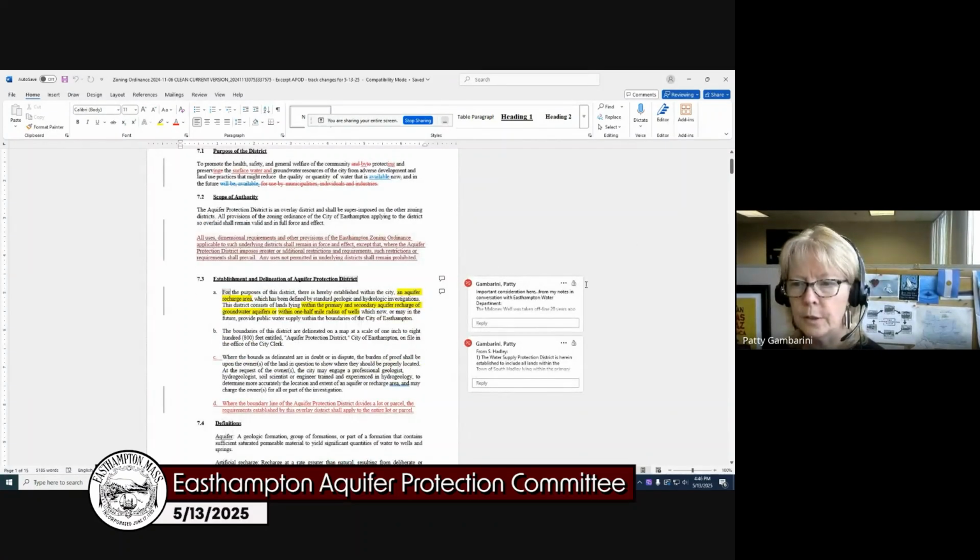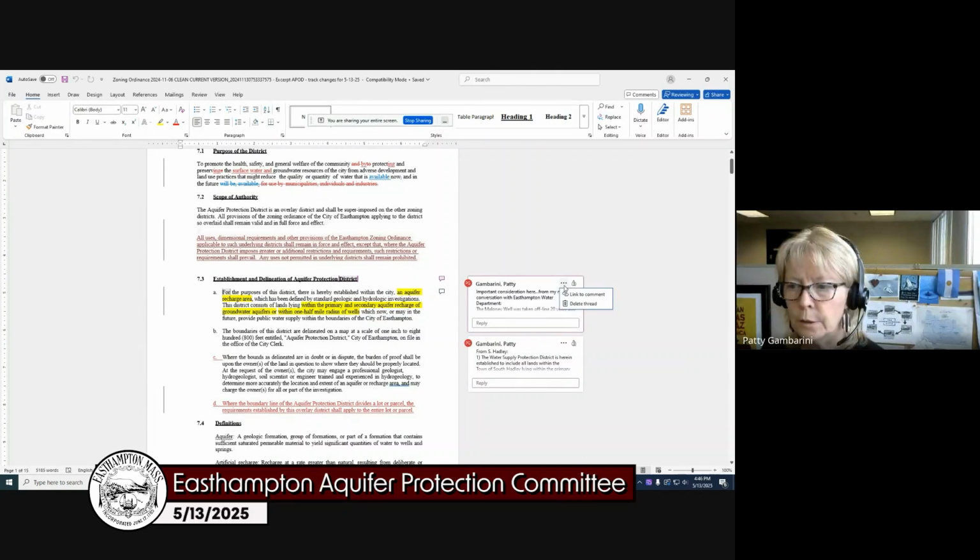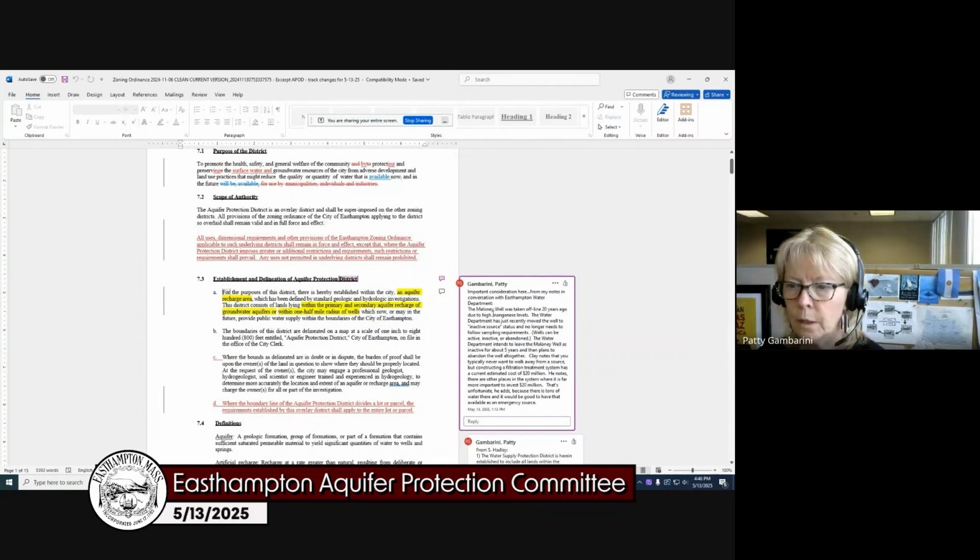All right, so you can see the track changes document. So the Maloney well has been moved to an inactive source, so it's not being sampled anymore. There were a lot of requirements for sampling the well, that Mike, you probably know better than anyone, that you did for like 20 years.